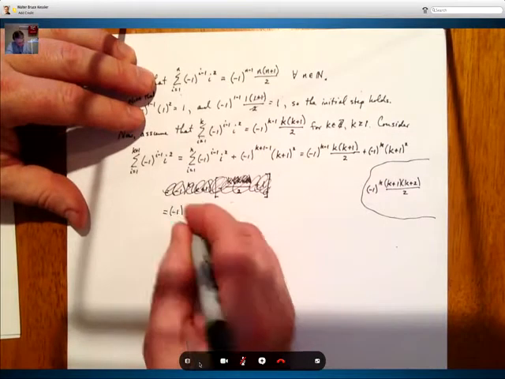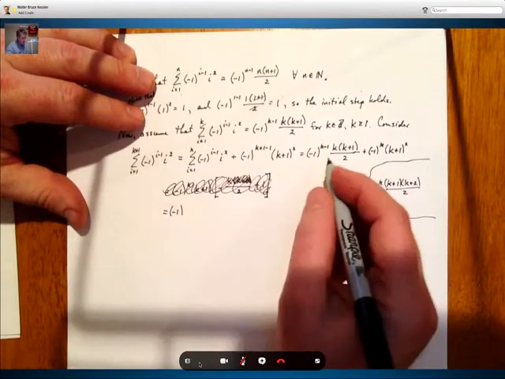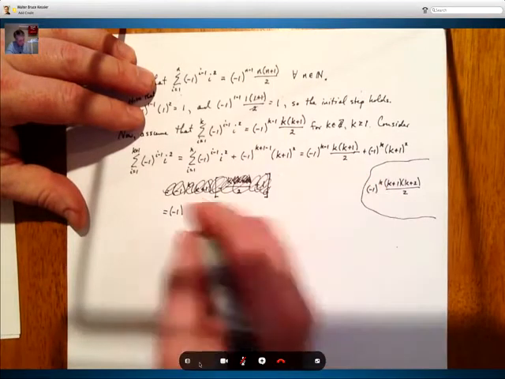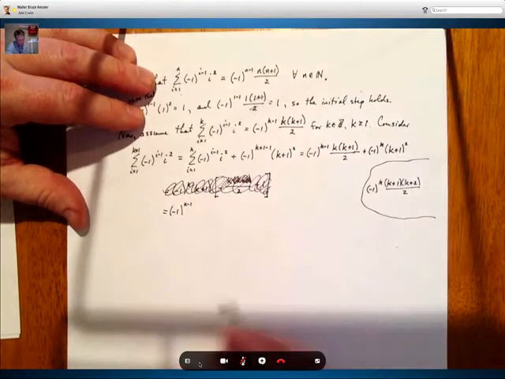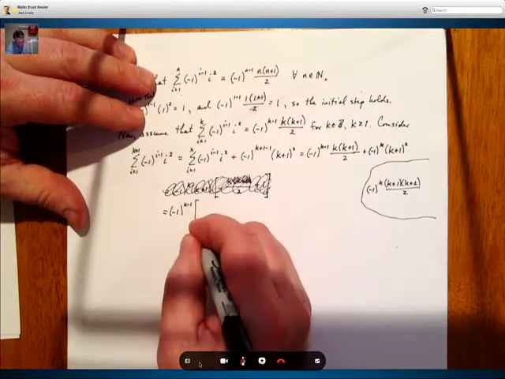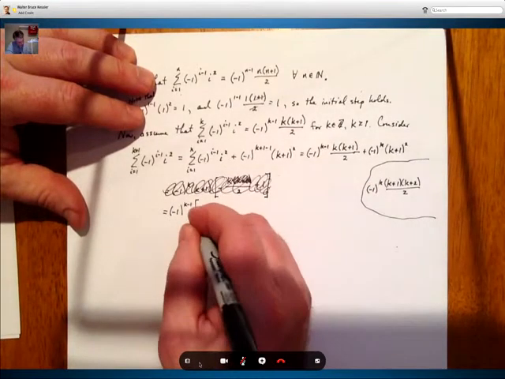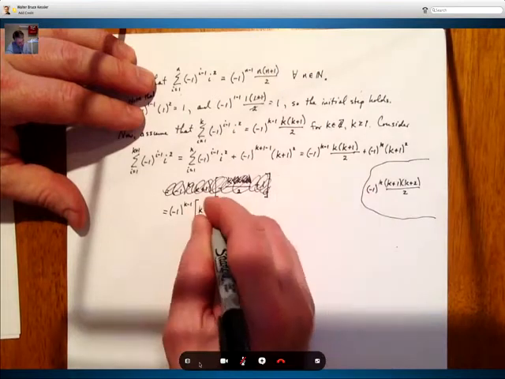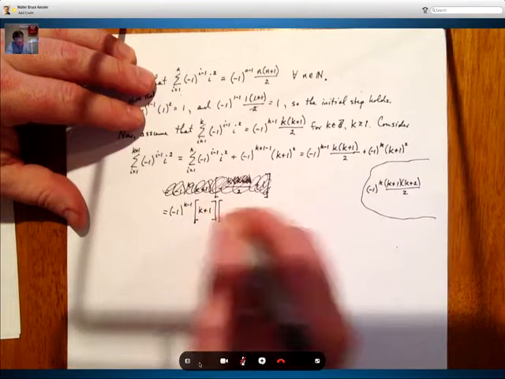All right, negative 1. Let's do it right. To the k, and I guess honestly, to avoid having that negative in there, I could do it this way. Let's just take out for the moment the k minus 1. And then I've got this other factor of k plus 1 I can pull out.